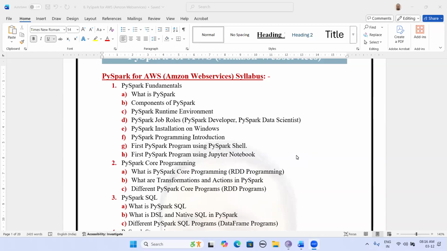Once we complete PySpark installation, we are going to discuss PySpark programming introduction. And then we are going to discuss first PySpark program using PySpark shell. And then we are going to see first PySpark program using Jupyter Notebook.